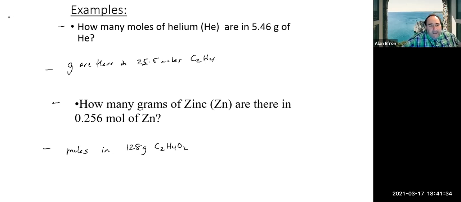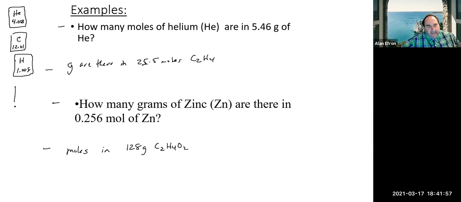In case you're not sure, I'll give you the pictures of the periodic table in case you don't have it. Helium, underneath it, 4.003. We then have carbon, which we saw earlier, 12.01. We also have hydrogen that we saw earlier, 1.008.